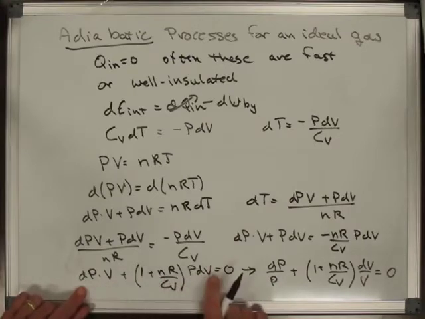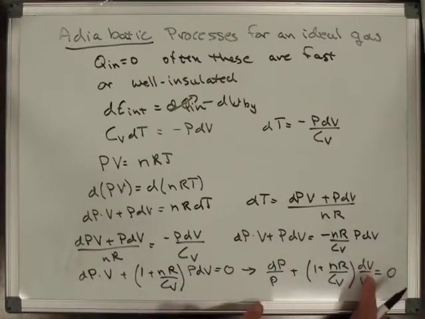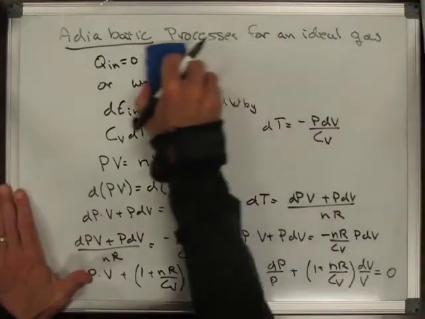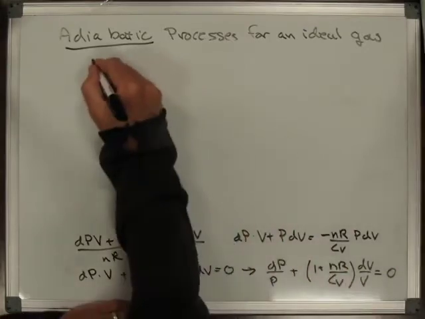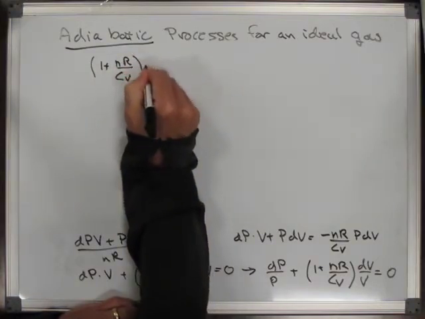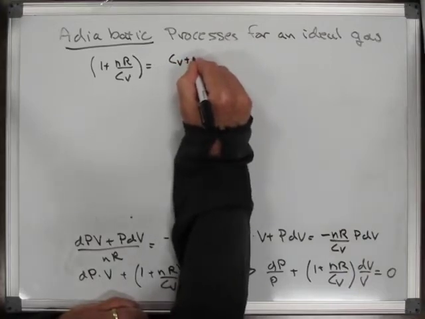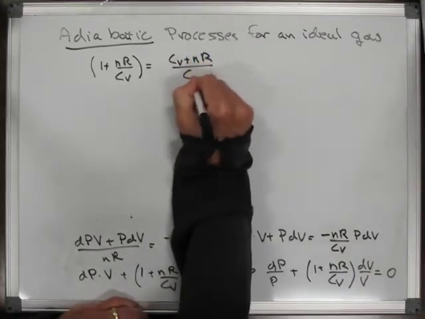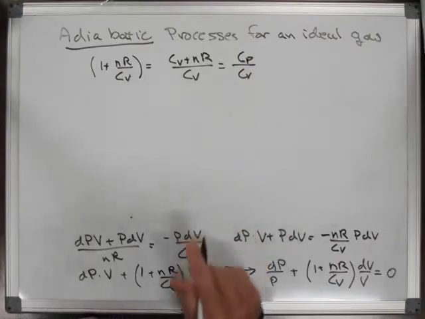If I divide both terms by P, this P goes away and I get a dP over P. And if I divide both terms by V, this V goes away and I get a dV over V. Now I'm going to simplify this a little bit. 1 plus nR over CV is equal to (CV plus nR) over CV, which is equal to CP over CV.